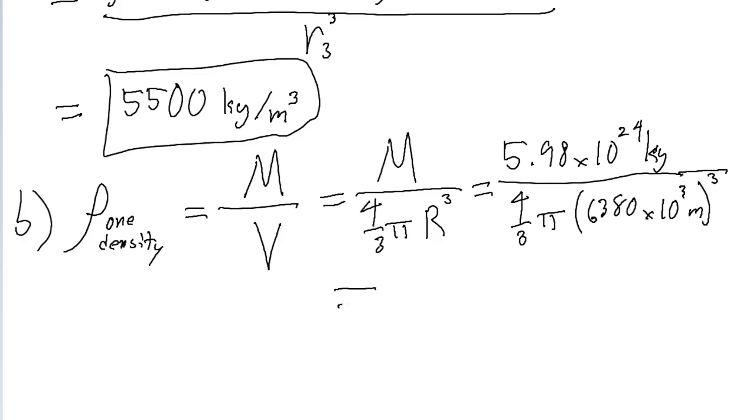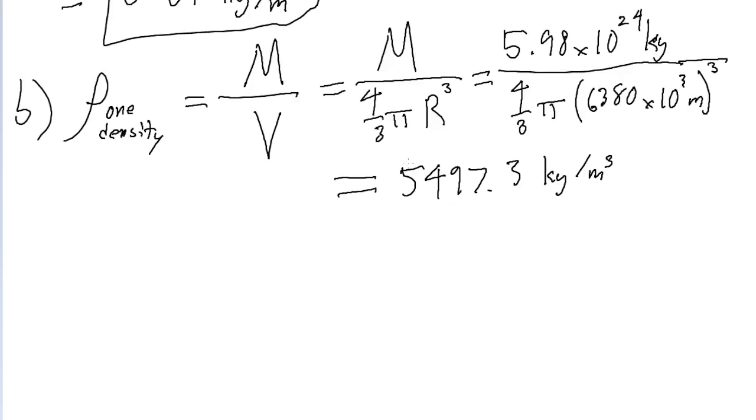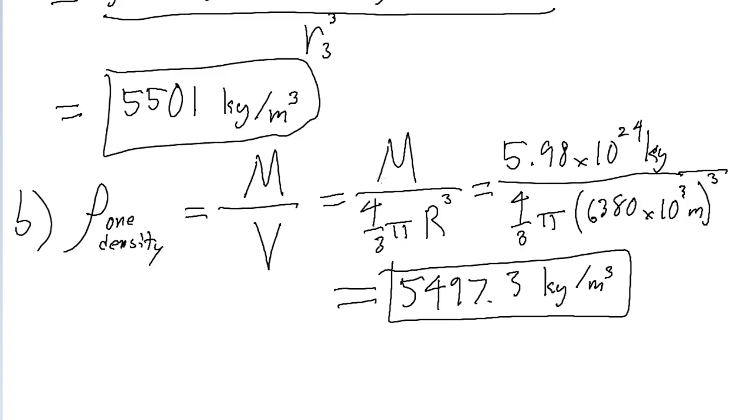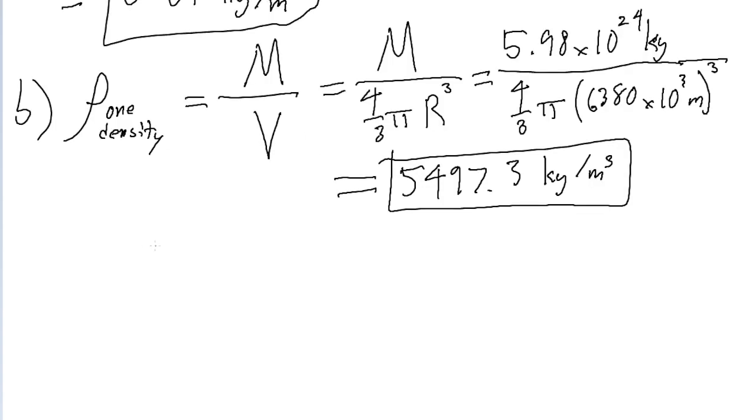And then we put that into a calculator and your calculator will give you about 5,497.3 kilograms per cubic meter. So that's the density we find using the one density method, which is really not far off from the density we found using the 3-layer method.